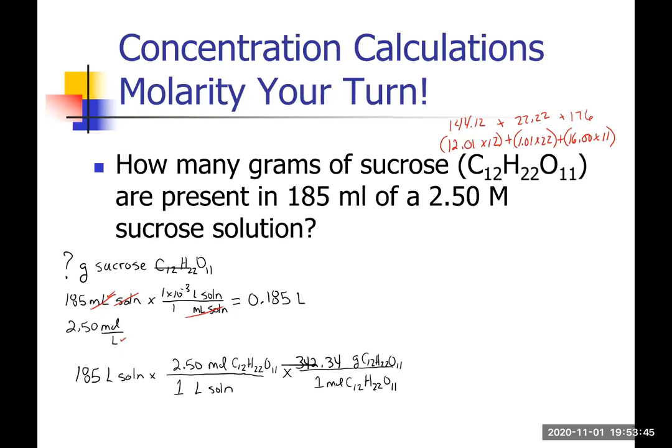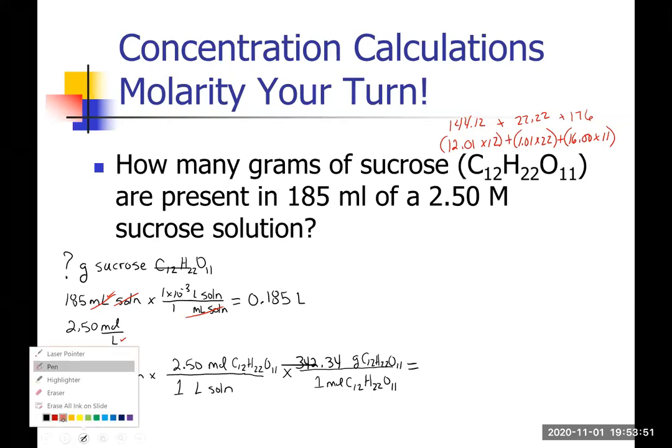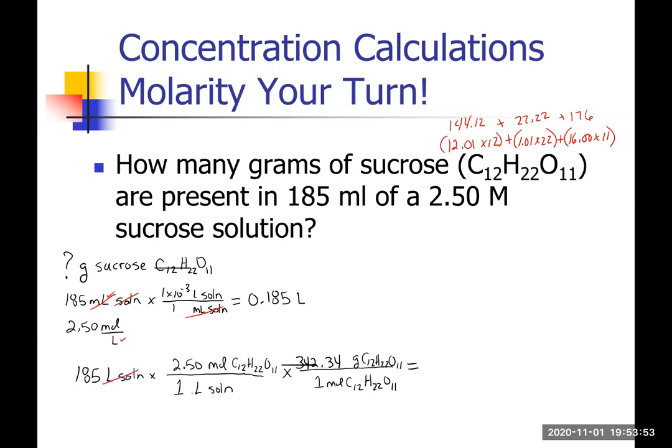So now I can see that moles of my solute have cross-canceled. I have grams, and that's what they're asking for. So liters of solution cross-cancel, moles of solute cross-cancel.